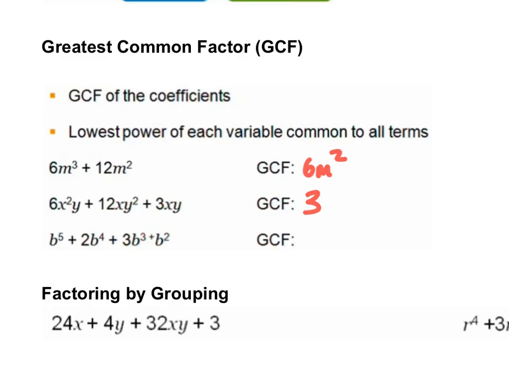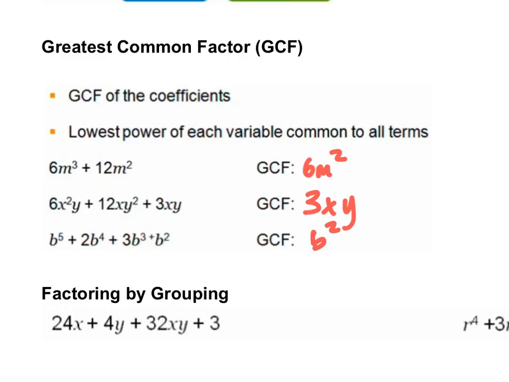Since x and y are the lowest common ones, we can factor out a 3xy. Same thing over here. This is b to the 5th plus 2b to the 4th plus 3b cubed plus b squared. This has a 1 as its coefficient, so I can't factor out any numbers here, but I can factor out a b squared. That's the only one I can factor out, so that would be the greatest common factor there.